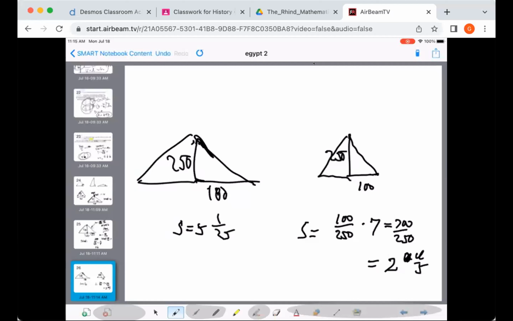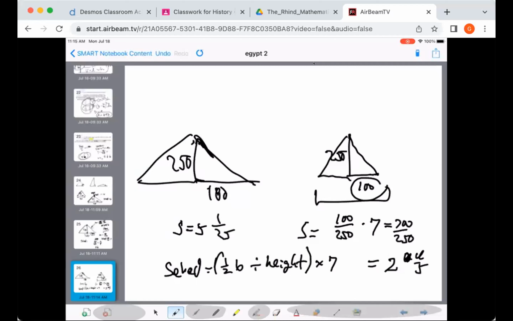So here's our formula for the seked. Seked is 1/2 the base, that was because the base is really the entire base, divided by the height and then multiplied at the end by 7. We'll talk about the times 7 in a second, but that's our formula.